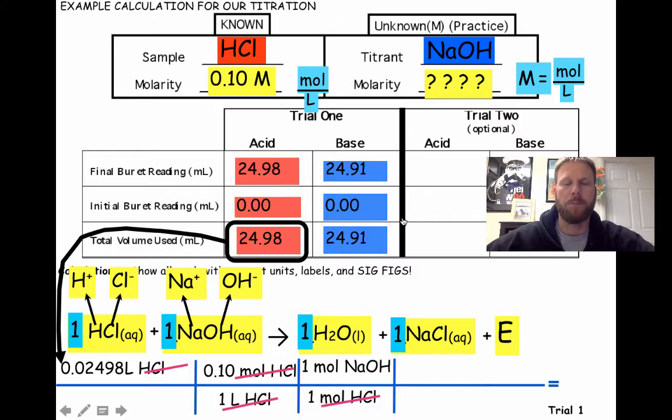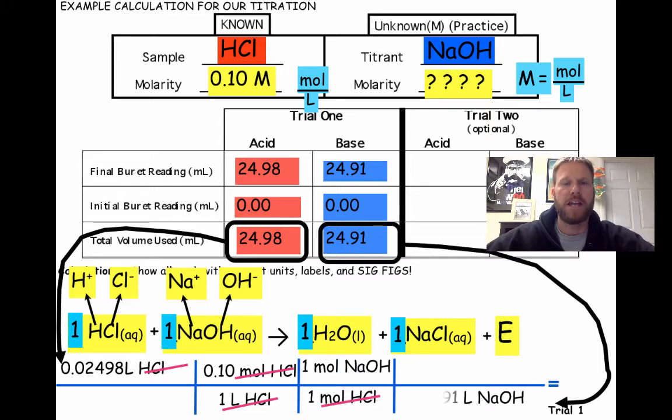I'm only a step away. I need moles per liter of NaOH. Well, I know I used 24.91 milliliters. So all I have to do is divide by the volume of base that I used. Converted to liters, that's 0.02491 liters of NaOH. Once I calculate this, I will have the concentration of my unknown NaOH.